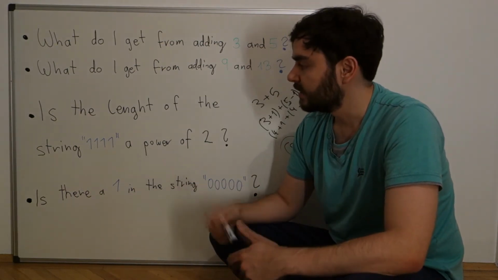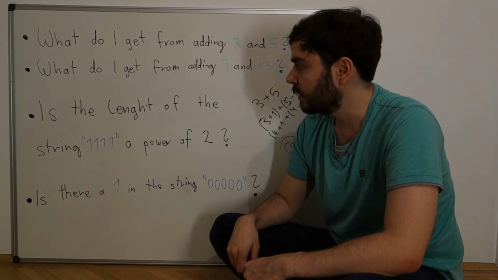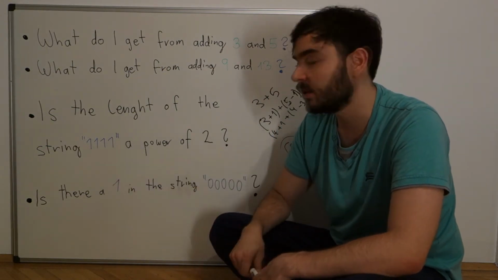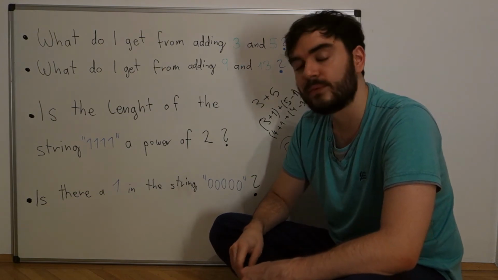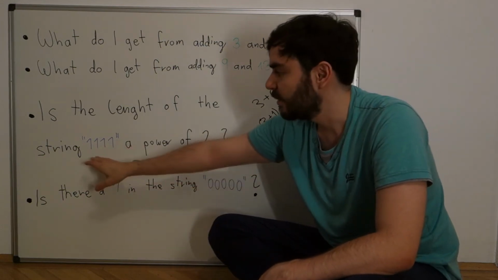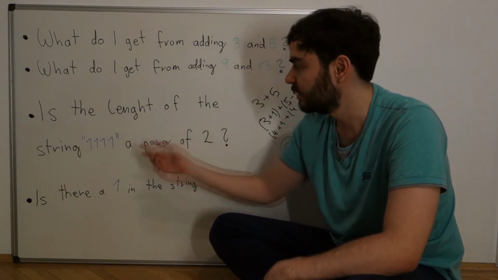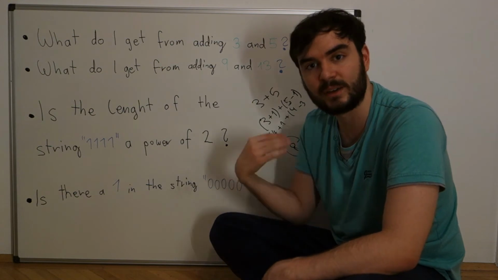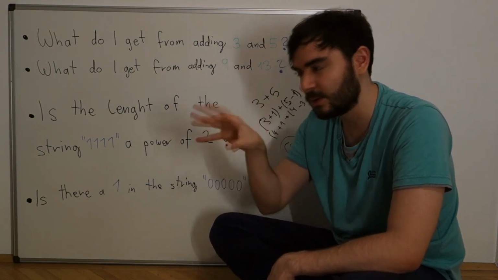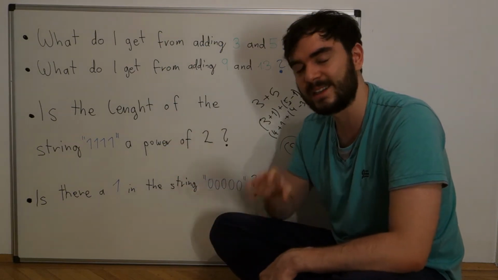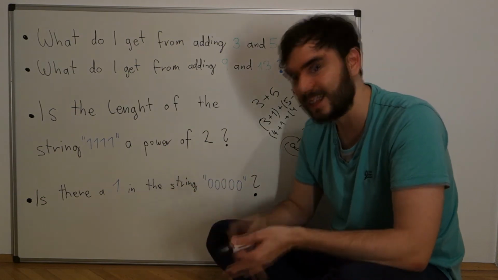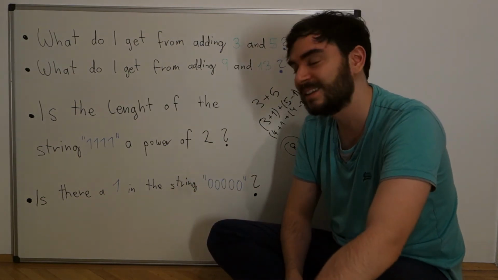And in the same sense, here we have the question: is this string 1111 of length a power of 2? So, in that case, we know that I recognize that as 4. Humans are very good in recognizing items if they're not more than 7. If you see 6 monkeys, you only have to look quickly and that I saw 6. If they are like 10, then it gets harder, and if they are 100, you cannot tell the difference between 100 and 110.